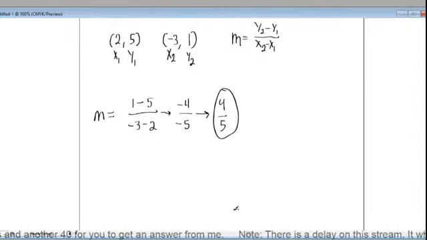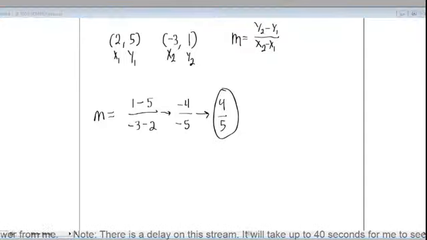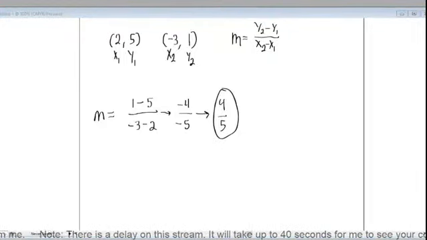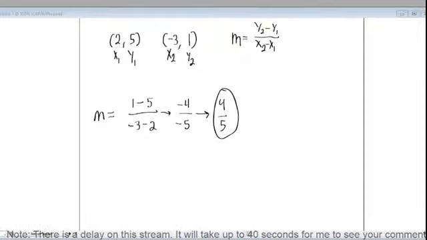So, with a little bit of extra stuff, which I'll get into later, we could then use this to find our equation.